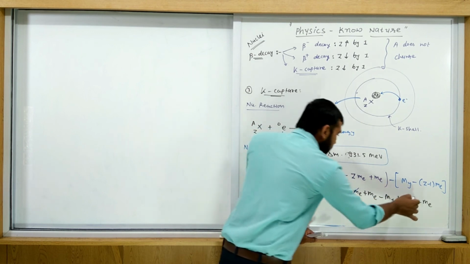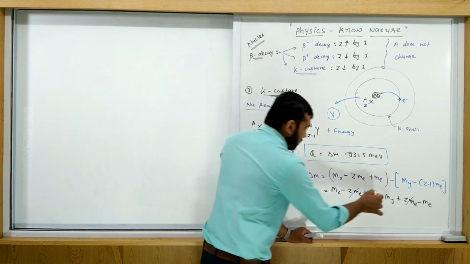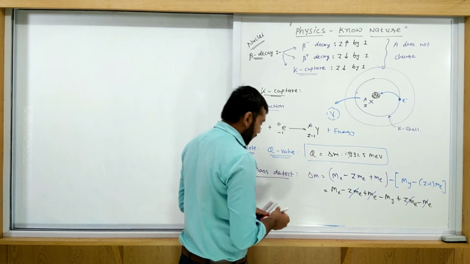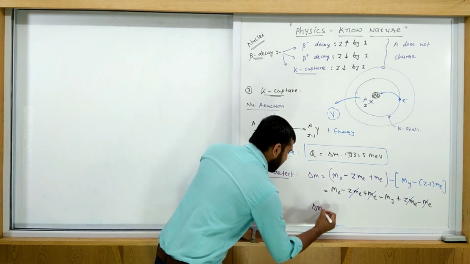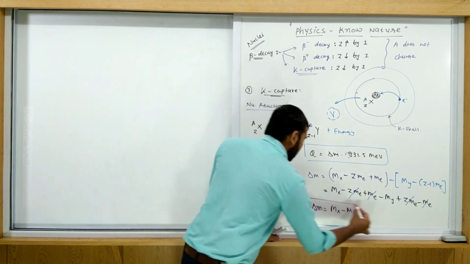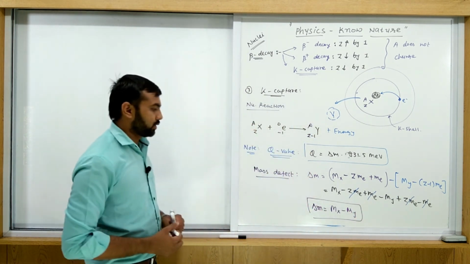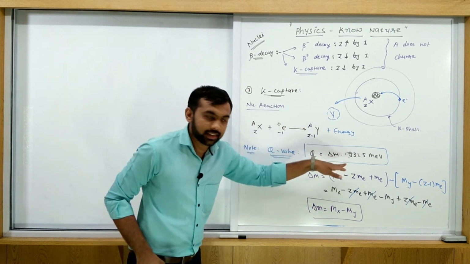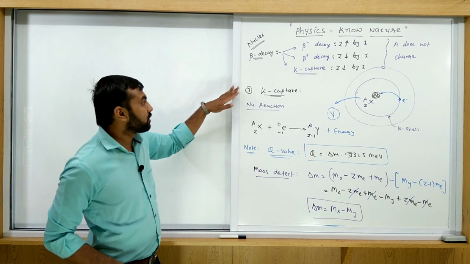Z me and me cancel out. So finally delta M is equal to mx minus my, the mass of element X minus the mass of element Y. You put this value into this equation, so you get the Q value in case of K capture.